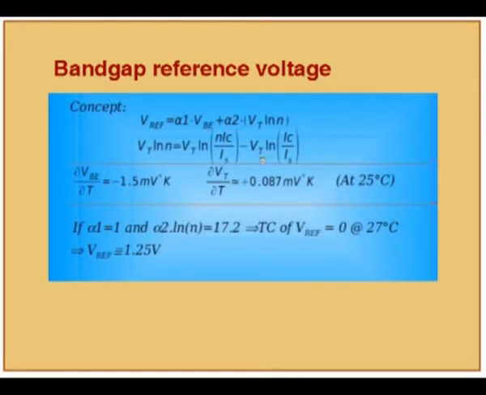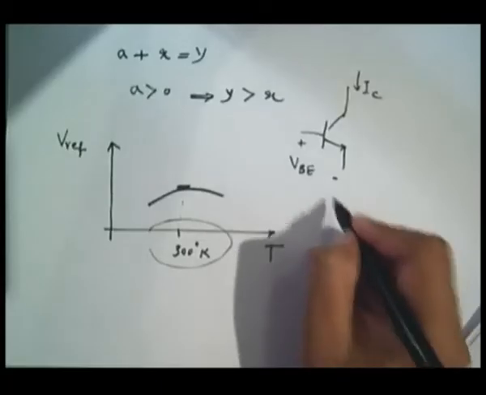You know that VBE of a bipolar transistor is given by, do you know the relation between VBE and collector current in a bipolar transistor? This is a bipolar transistor. So this is VBE, this is IC. How is IC related to VBE? Do you know?